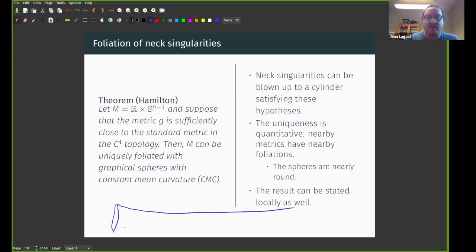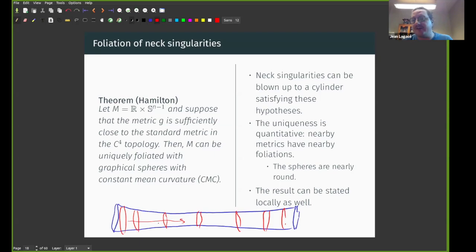If I have a large cylinder like this, and this cylinder is not very far from being Euclidean, well, I can find a set of transversal spheres like this that will foliate my cylinder along the x-axis, and all of these spheres have constant mean curvature.